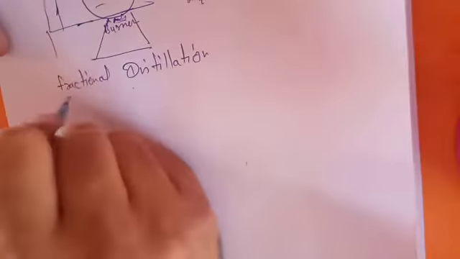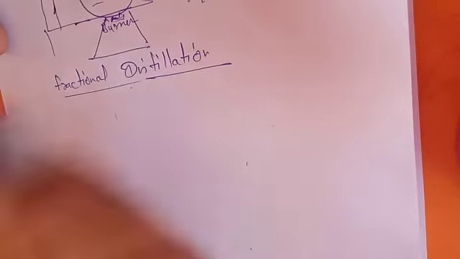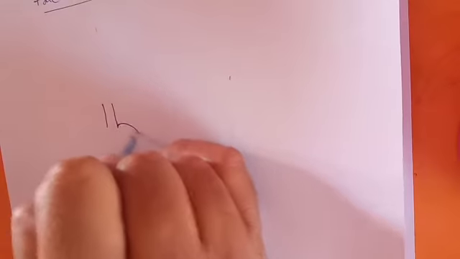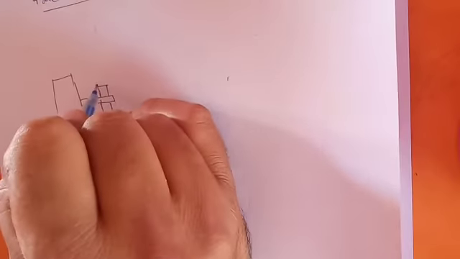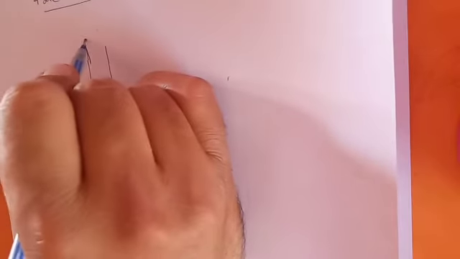Fractional distillation is not much different from simple distillation. In fractional distillation you will have the same distillation flask, held by the stand over here. This distillation flask is then connected to a column, called a fractional column.